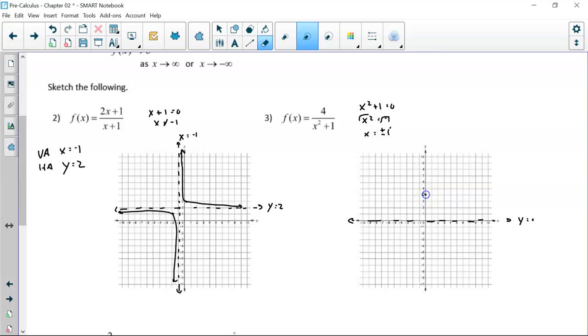And the graph looks like this. That's the shape of the graph. So our vertical asymptote, there is none. And our horizontal asymptote, y equals 0.